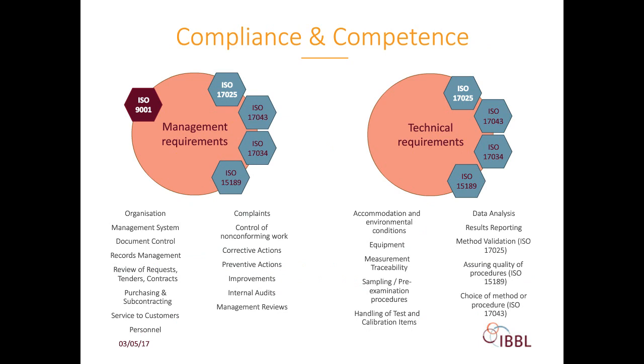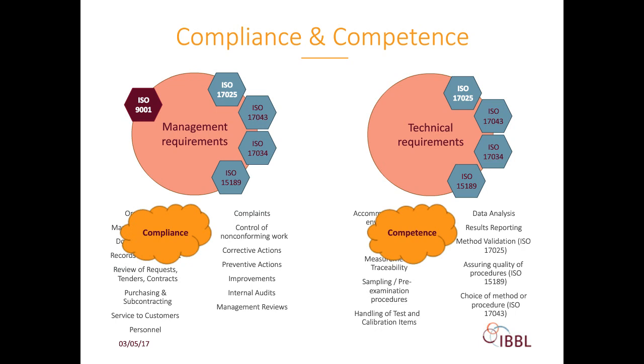Here you can see on the left side a list of processes for which quality management requirements have to be fulfilled and relevant ISO standards containing such requirements. And we are talking here about compliance of the laboratory to these requirements. On the right side, you can see a list of processes for which technical requirements have to be fulfilled, relevant ISO standards, and in this case, we are talking about assessment of the laboratory competence.